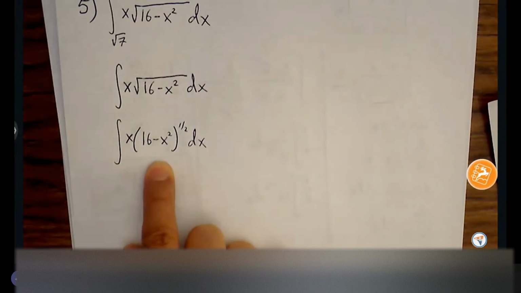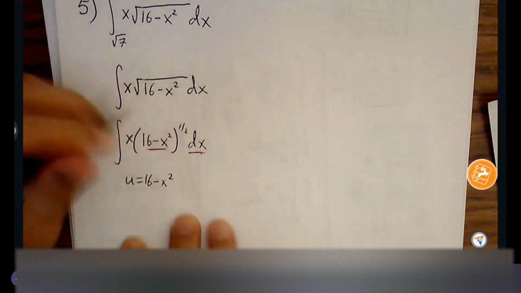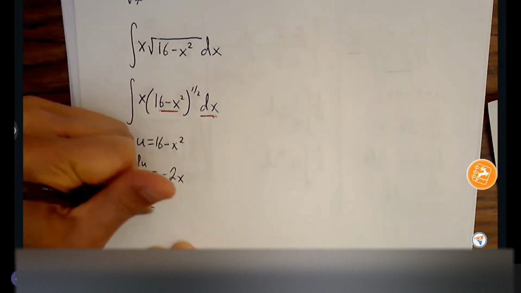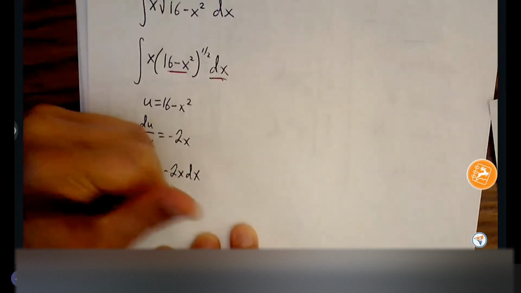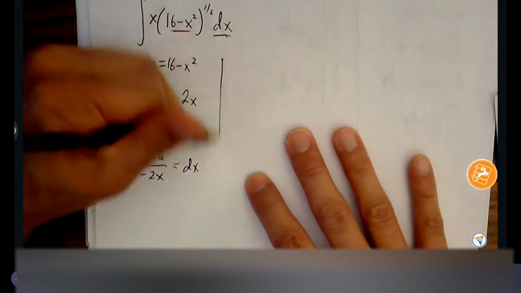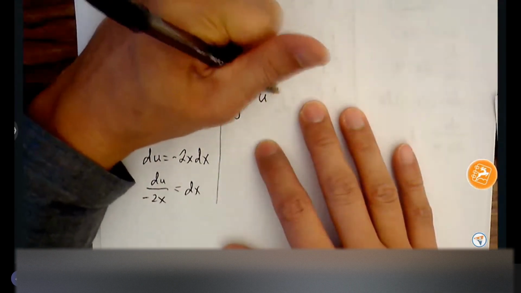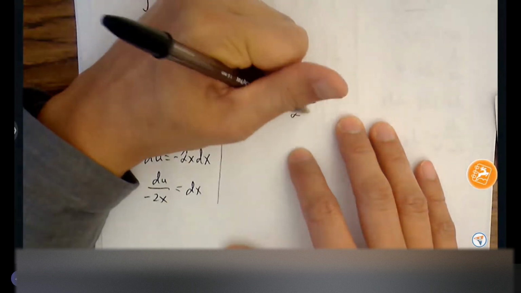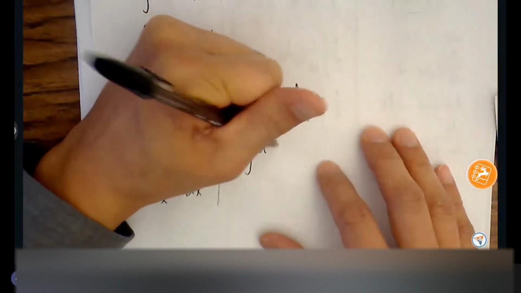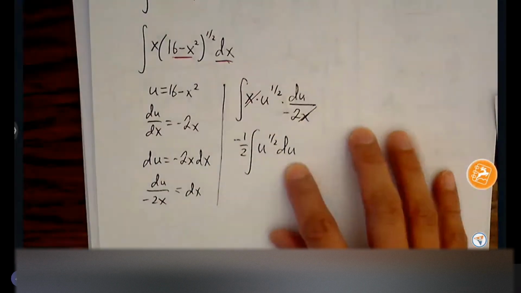Okay, u value. The x's cancel out. Power rule.